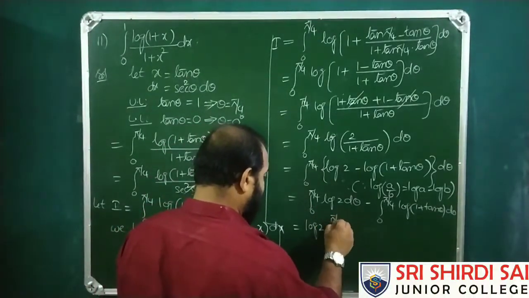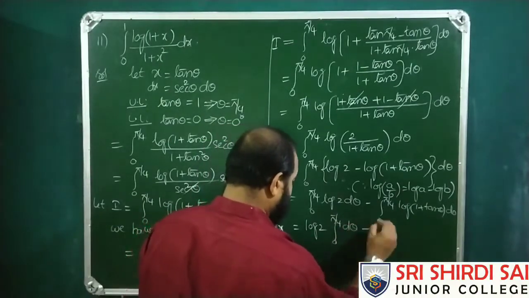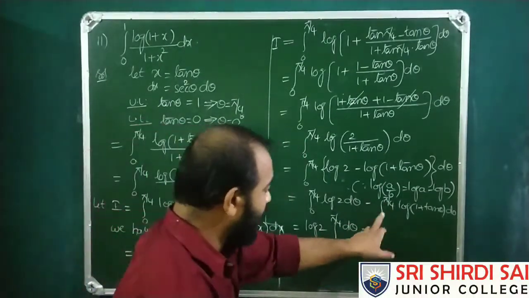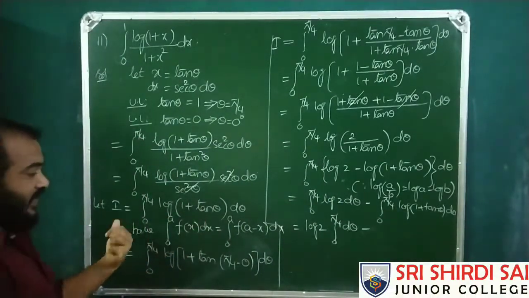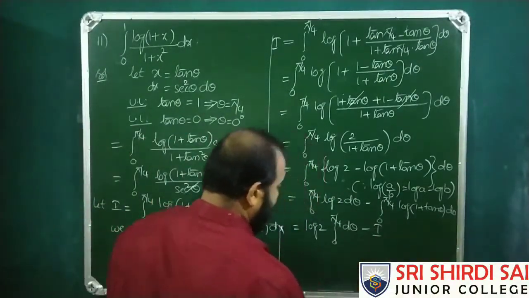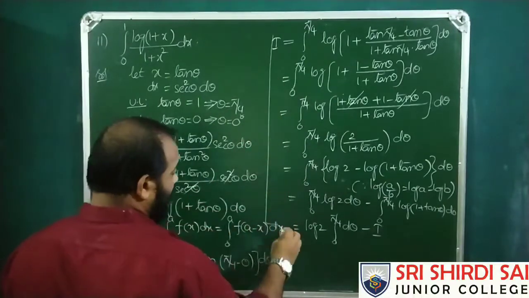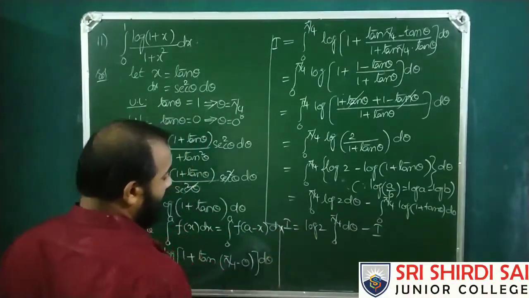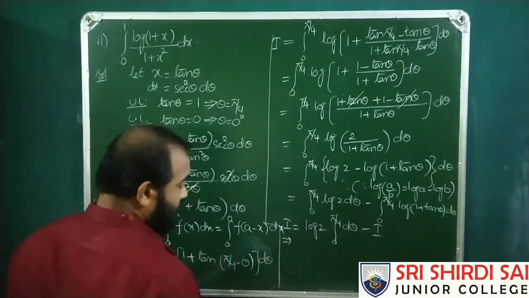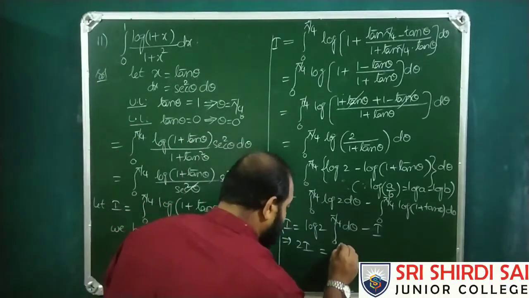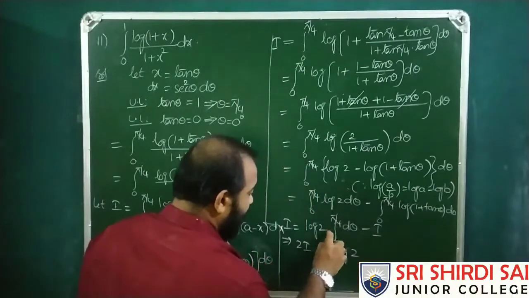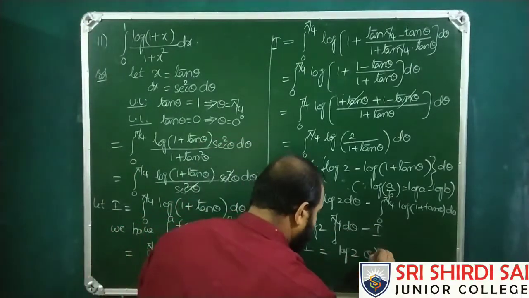So log 2 times integral 0 to pi by 4 d theta, minus this integral 0 to pi by 4 log(1 + tan theta) d theta, which I have taken as I. So I am replacing it with I. If you bring minus I here, it will be 2I. So log 2 times, what is integral of 1 d theta? Theta.